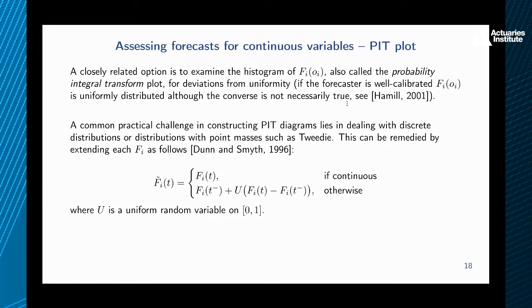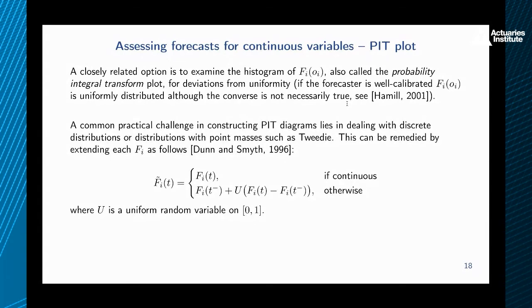And guess what? If we transform the observed outcomes O_i with this forecast cumulative density function, and you're well calibrated, then what should come out is essentially a uniform distribution. If we plot the histogram of F_i(O_i) for all i's, we should get a uniform distribution. That's really all there is to it.